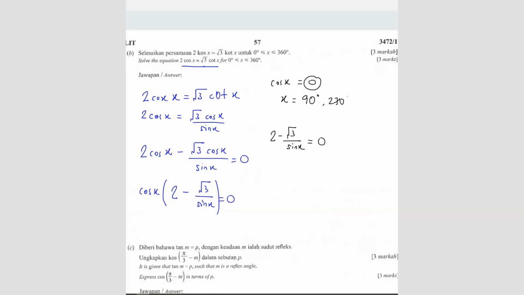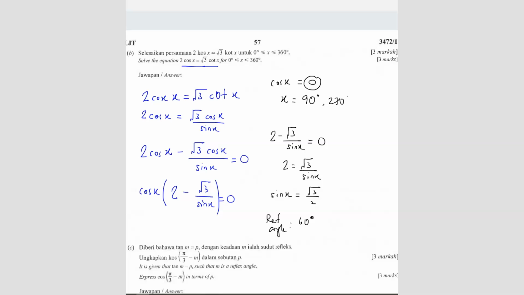Now you want to find the other one, but before that we have to rearrange. So you get 2 equals root 3 sine x, therefore sine x equals root 3 over 2. From here you can already find your reference angle, which would be 60 degrees. Since sine x is positive, it would be first quadrant and second quadrant.